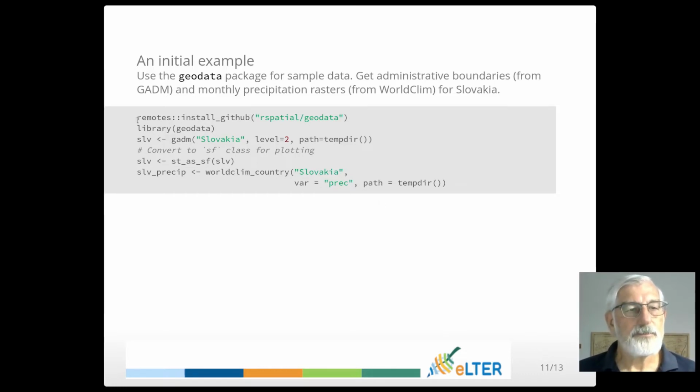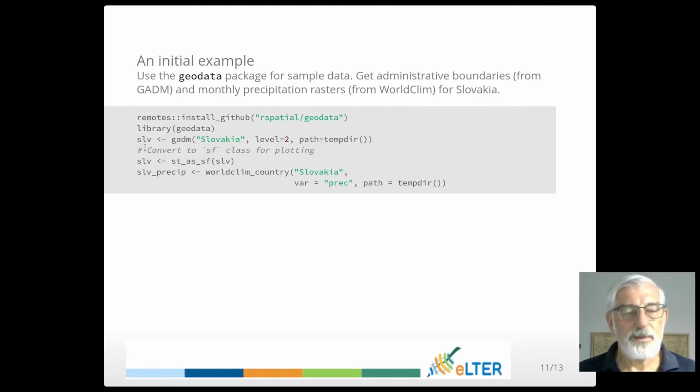In this example, first we install the geodata package and load it with the library function. Then we're going to download the borders of Slovakia. Level 2 indicates that we want the province boundaries, not just the boundary of the country.